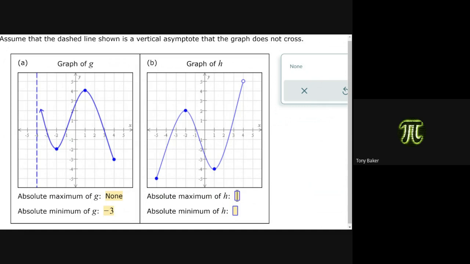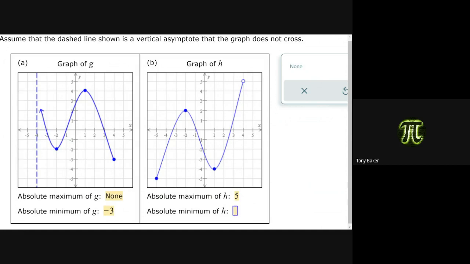I'm going to say 5, and we're going to see if we're right. It shouldn't be none, because there actually are values that it does reach.